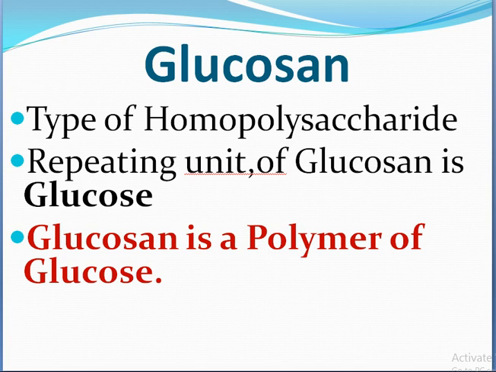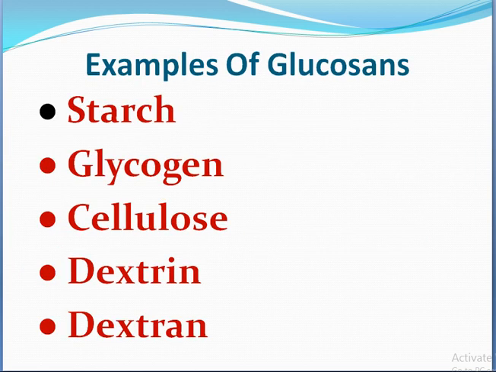There are a few examples of the glycosans, which are also polymers of glucose. You can see here the examples of the glycosans: starch, glycogen, cellulose, dextrin and dextran.